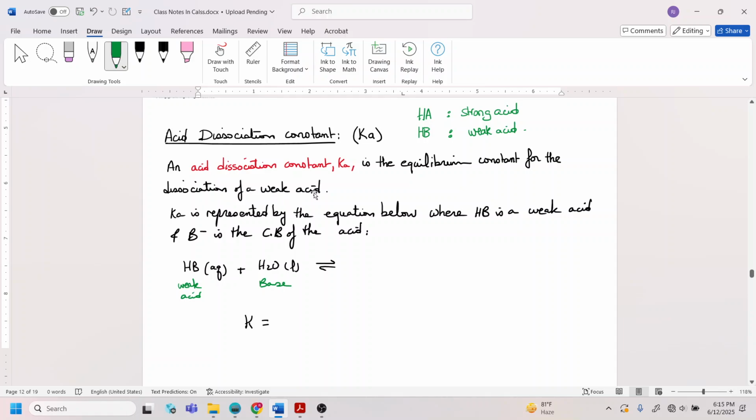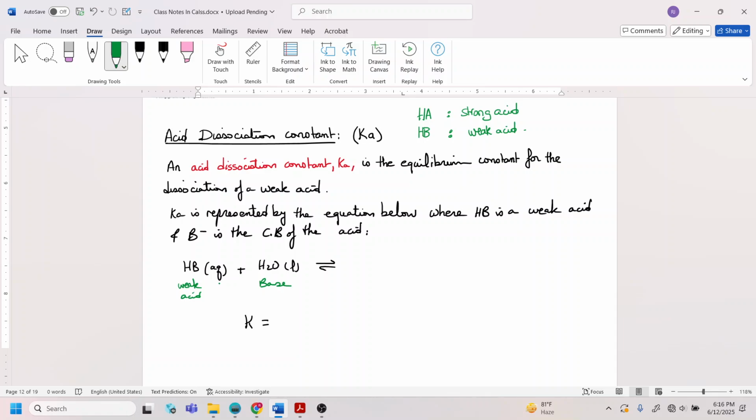In our case, it is going to be a weak acid. If you look at this equation over here, we have HB. HB is an acid, still an acid, but this one is going to be a weak acid. Since we're talking about dissociation, this means that we are dissolving this acid in water. So the acid is going to turn into its individual ions, right?